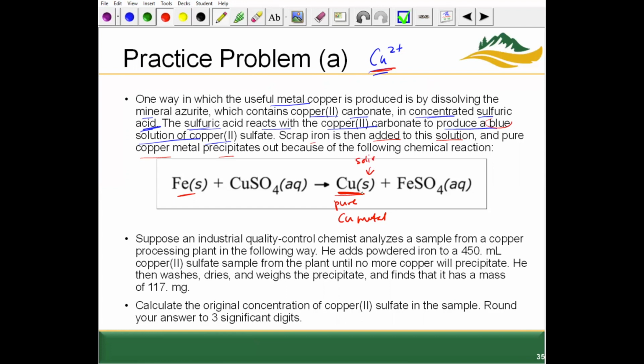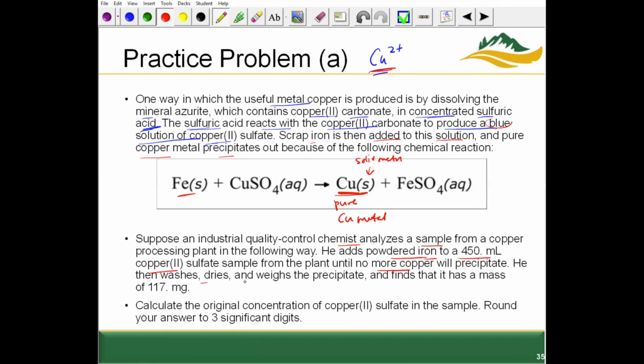So copper in its solid form is copper metal. Then suppose a quality control chemist analyzes the sample, and adds some known to it, so iron to 450 mL of copper(II) sulfate. As you can see, we're getting at this gravimetric analysis method. We're adding some known to it until no more copper will precipitate.